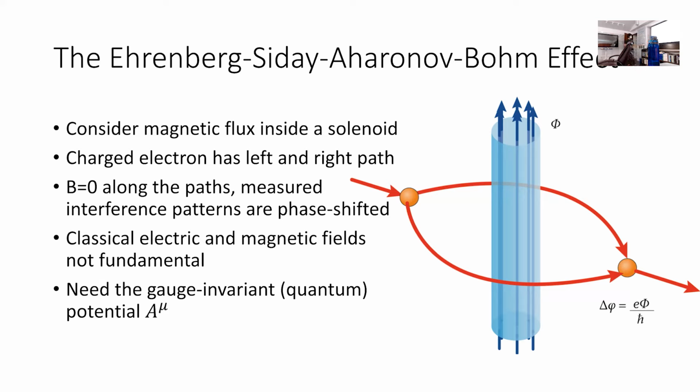So what this means is there's actually something deeper underlying this electromagnetic effect, which is described by this electromagnetic potential A mu, which is often thought of as being the photon or the quantum potential for electromagnetism. So this experiment really put quantum electrodynamics on the map in the sense that we need to talk about A mu quantum mechanically.